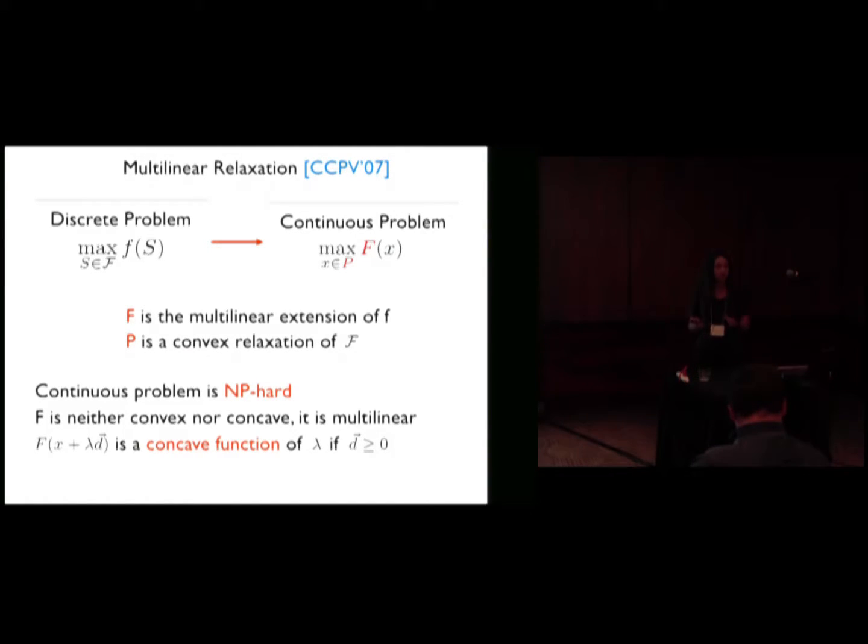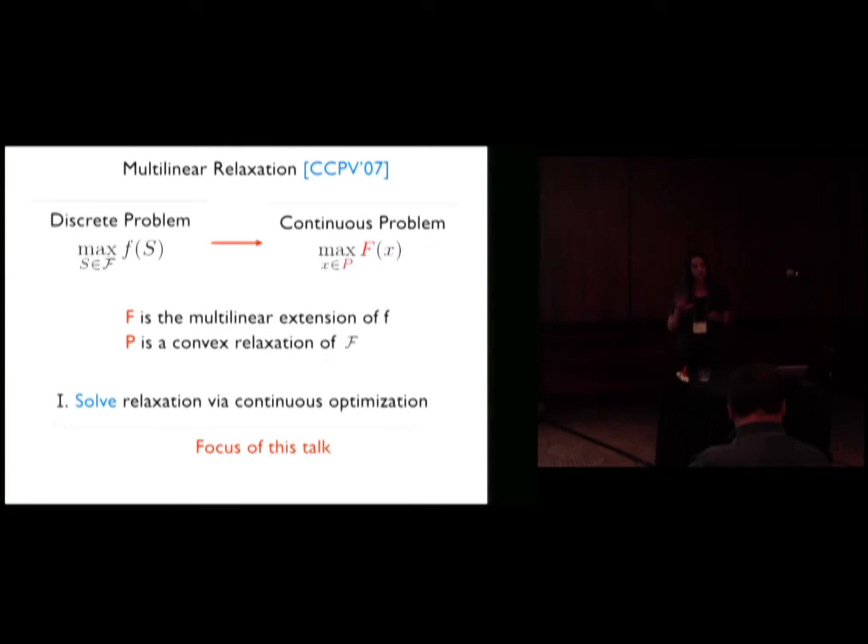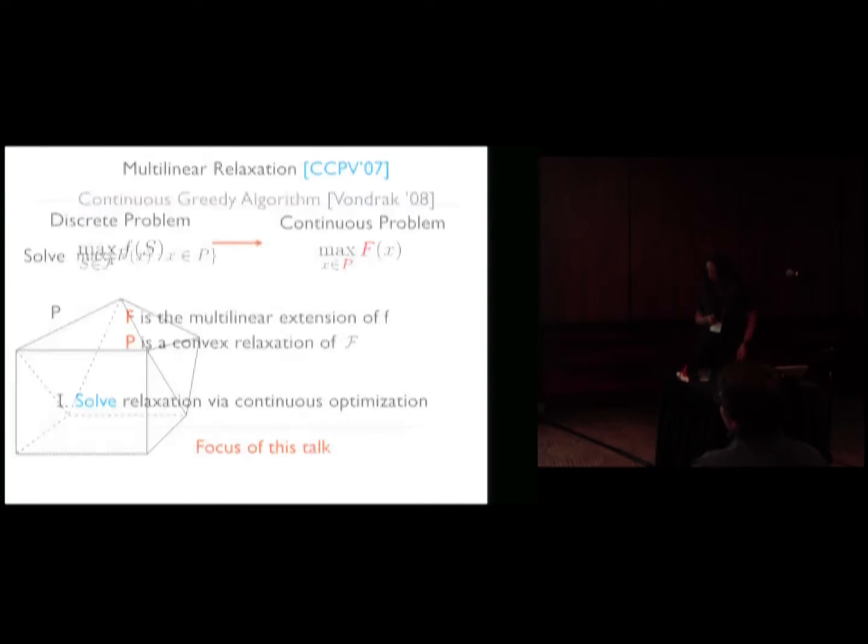This provides us an interface to convex optimization, but it's a bit more limited. In this talk, I'll focus on the first part of the framework, solving the continuous optimization problem, and I will not discuss the rounding. This will be the main focus of the talk.